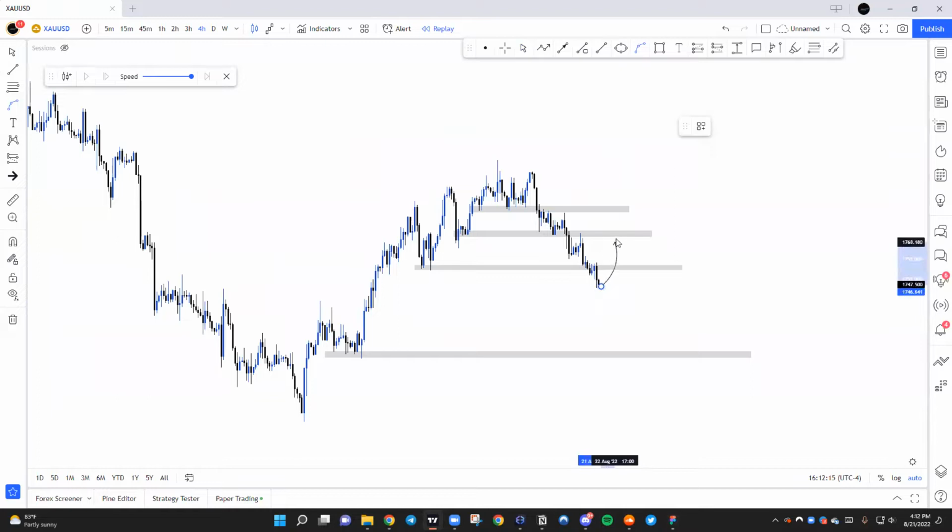So if gold starts to buy, we can look for price to come back up into this level to retest and come down, or we can look for this level and continue back down from there. But overall, price has already made a new low for gold, and we broke previous lows, already indicating that price is bearish.